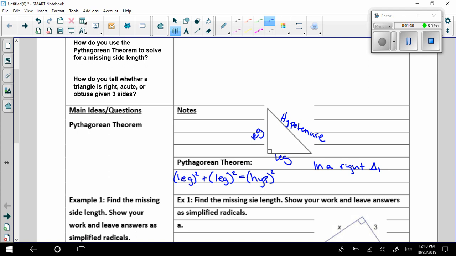So let me back up here and call this leg 1 and leg 2, just to differentiate between the two. You have 2 legs. It doesn't matter which one goes in where. We shorten that by calling this side A and this side B. So we have A squared plus B squared is equal to, and then we're going to always call the hypotenuse C. Okay.